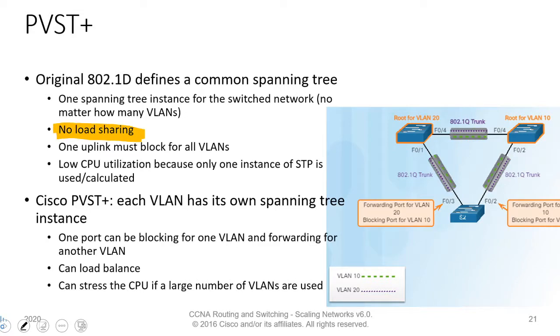Even though we have these redundant links, it will readily disable one link and block all other links. So it can reduce the efficiency of the network, because it is not utilizing the link at all, because it is altogether blocking that link for all VLANs.